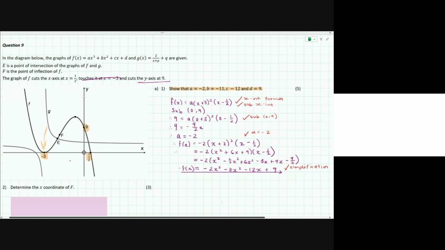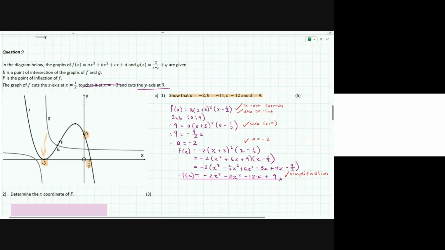Because you were given both x-intercepts, you are able to substitute them into the x-intercept form of your equation, with the 3 brackets. Because -3 is both a stationary point and an x-intercept, the bracket is squared, and those are my x-intercepts subbed in. Then you can substitute in the other coordinate you have, (0, 9).